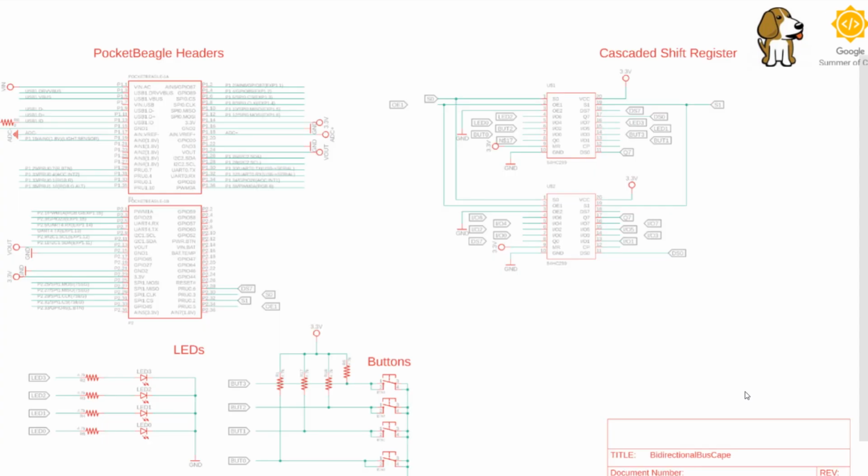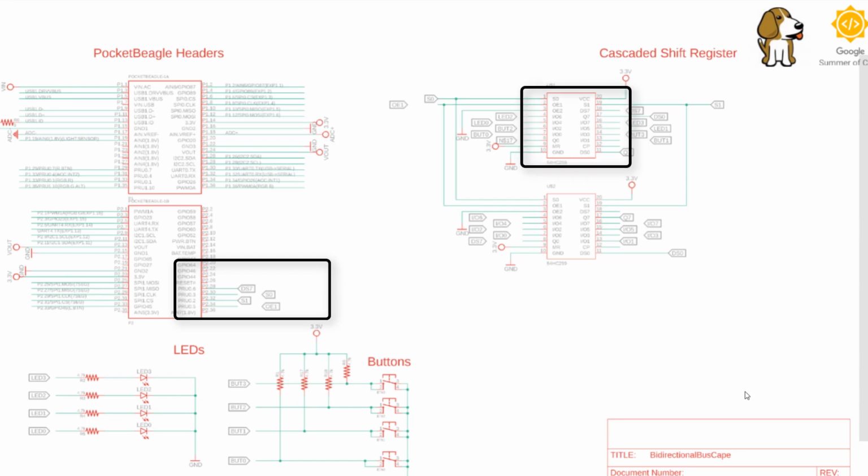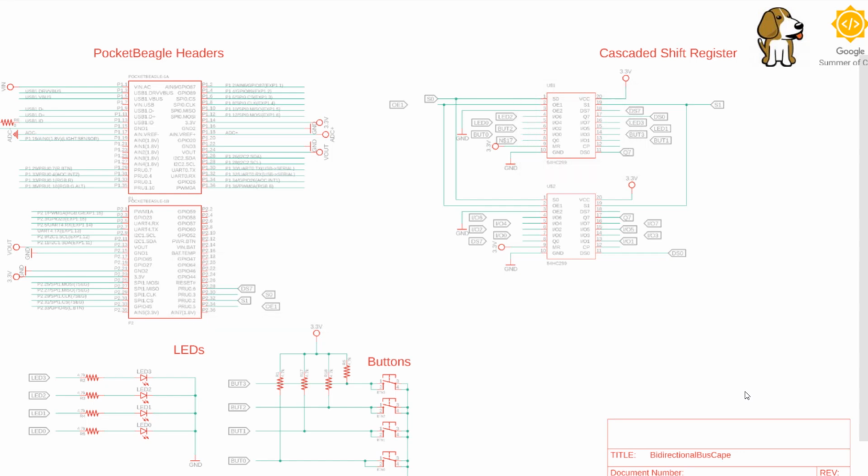You can see the first schematic of my implementation. Here we are using just 4 PRU pins, which are controlling the shift register HC299. And with these 4 pins, we can control 8 IOs available on the shift register.